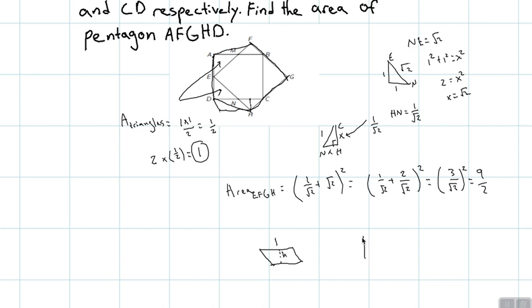We can create a right triangle. The height of this right triangle, where HN is the hypotenuse, is the height of this parallelogram. So we know HN is 1 over root 2.